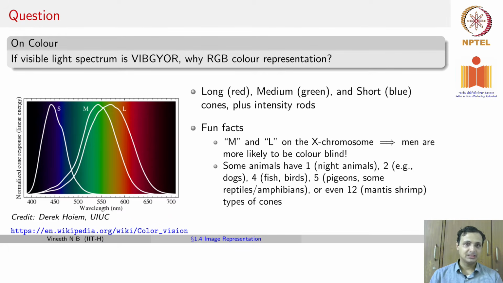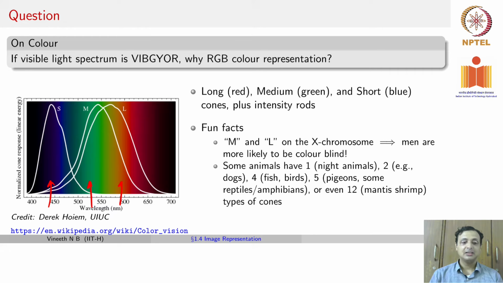In the human eye there are mainly three kinds of cones, and these cones have specific sensitivities at specific wavelengths, which are represented by S, M, and L on this figure. If you look at where these cones peak, that happens to be close to red, green, and blue, and that's the reason for representing images as red, green, and blue.